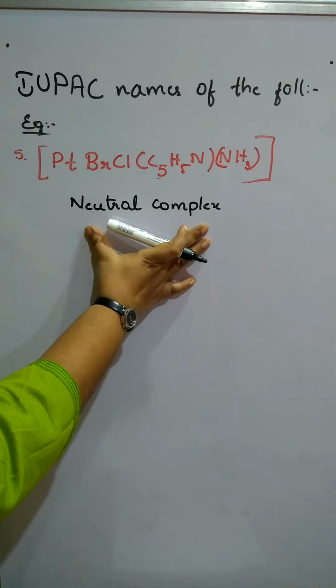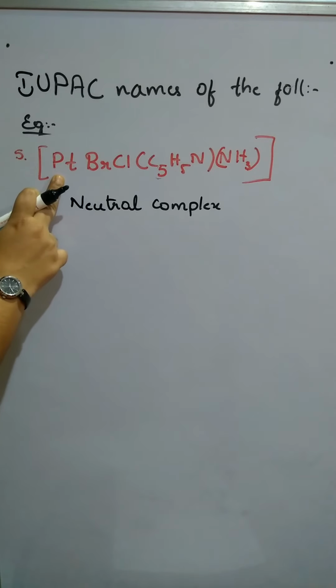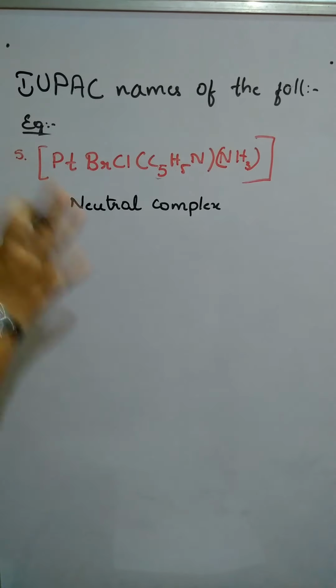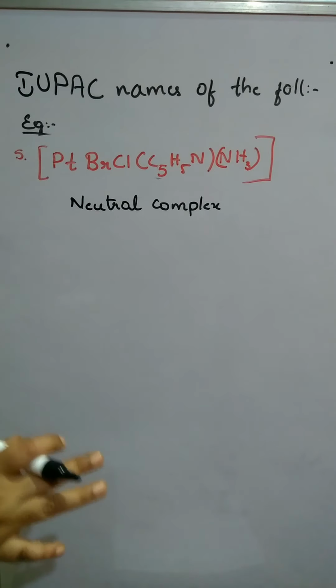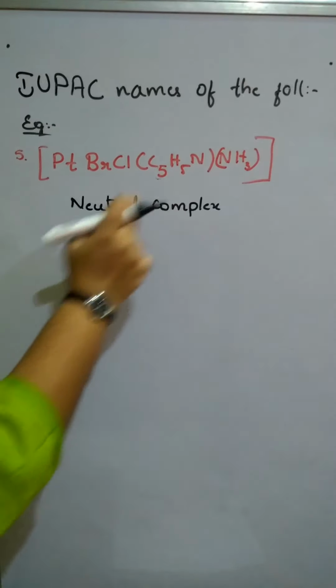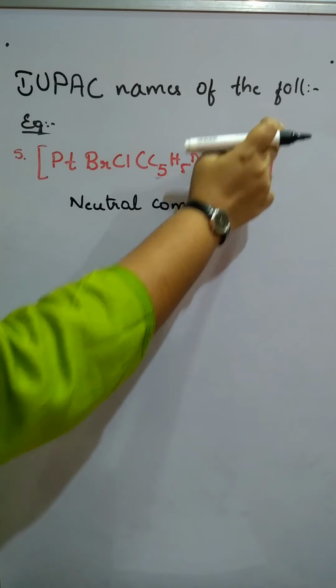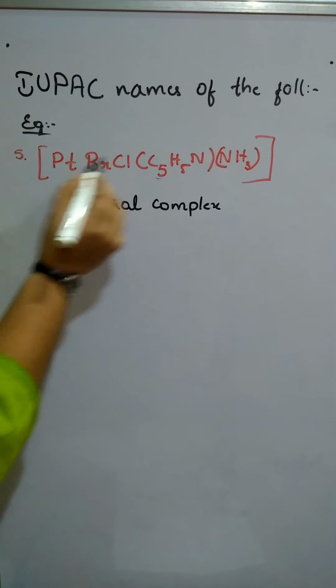It is a neutral complex, but it doesn't mean that the charge or the oxidation state on metal is 0. Metal has some or the other oxidation state. In few cases it may be 0. But neutral complex, the charge on the complex is 0. That's it.